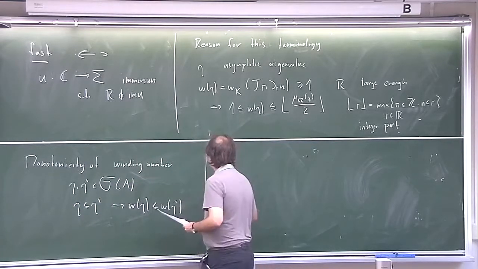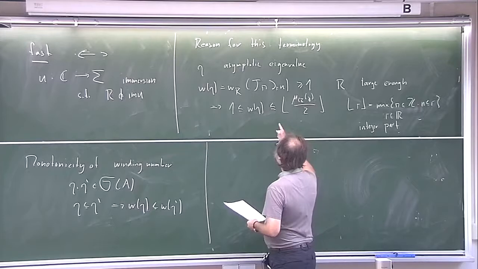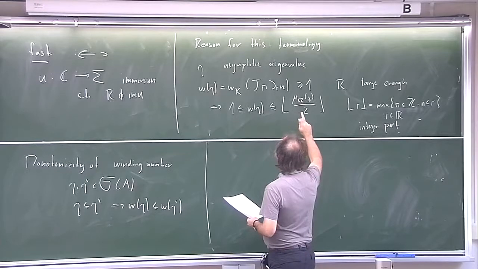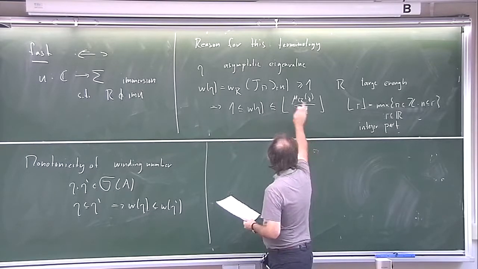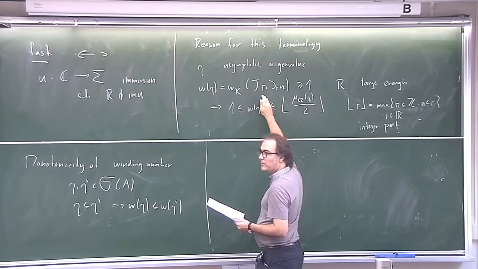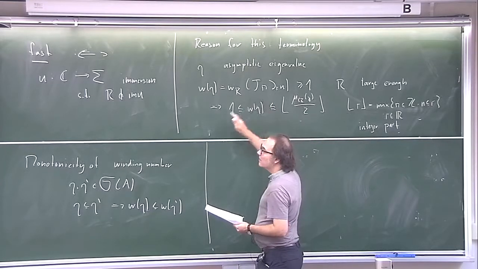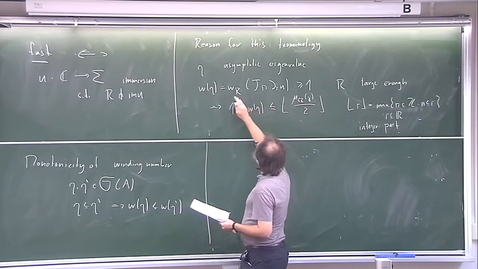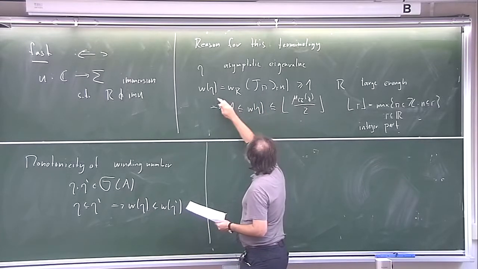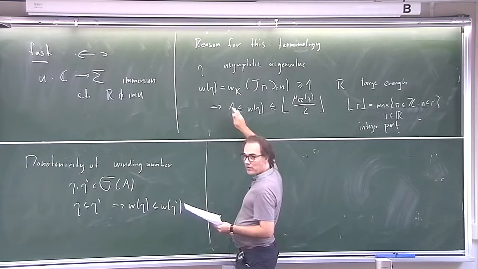So therefore, if u is fast, this has to be actually 1. If u is embedded, u is an immersion, then by what we discussed, the asymptotic winding number has to be 1. So that means it's as small as possible.